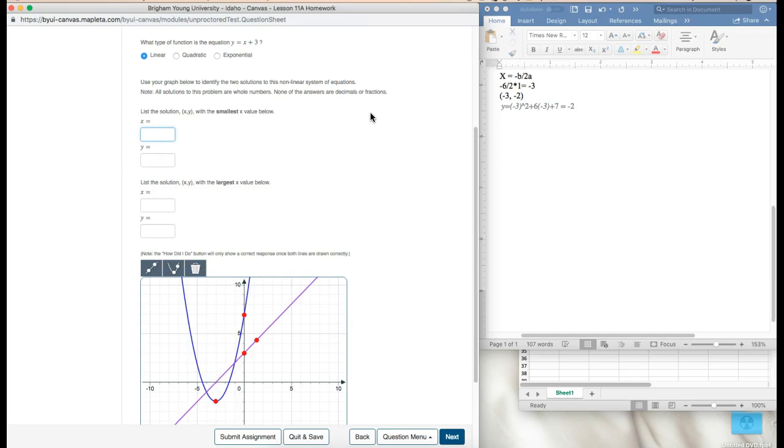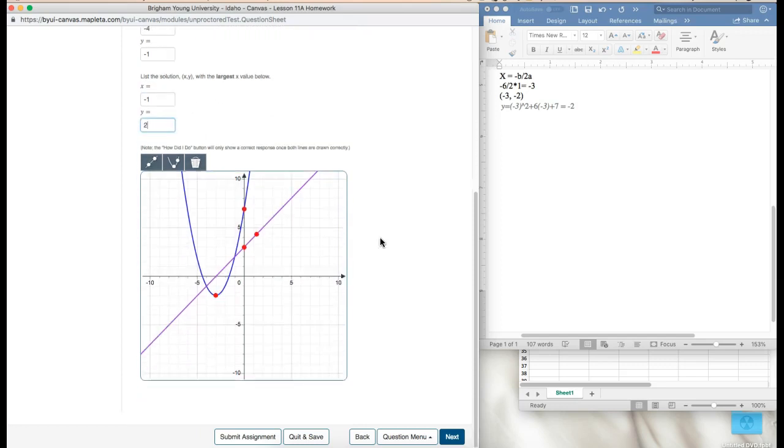So this is -4, and the y value is -1. And it crosses through twice because we have a parabola here and it's a nonlinear system, which is really fun. The next one, the largest x value, so this is -1 and up 2. So this is (-1, 2).